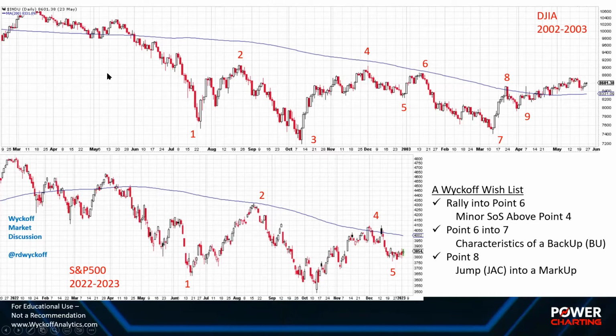This is the Dow Jones. The top chart is 2002, 2003, with a very important accumulation structure that led to a bull market in the later years of that decade. This is not only a highly correlated view between these two markets, 2021, 22 into 23, but also this 2002-3 area.